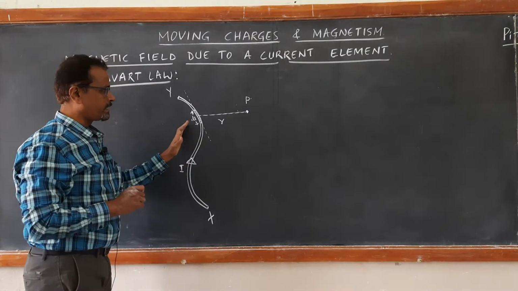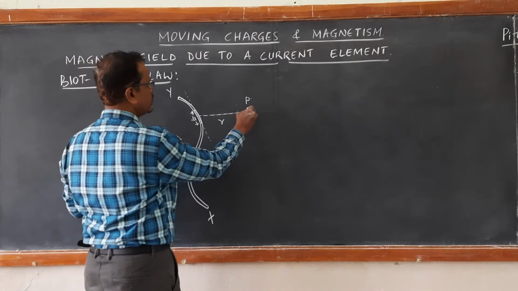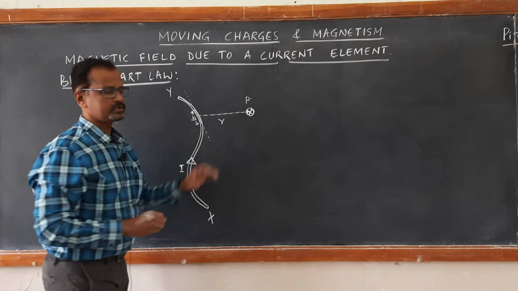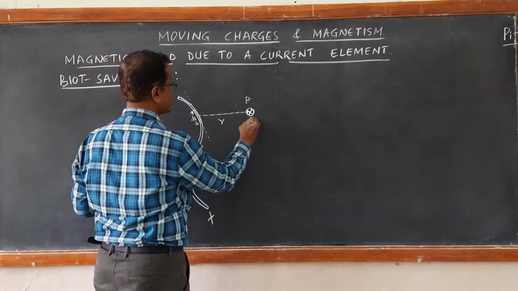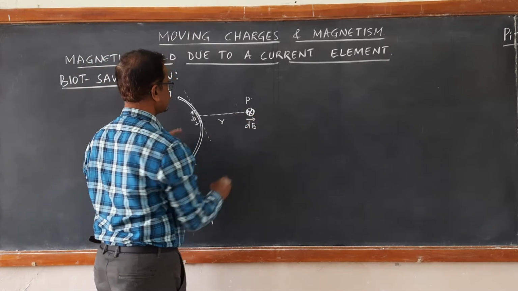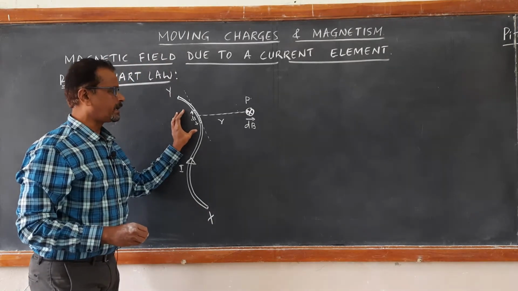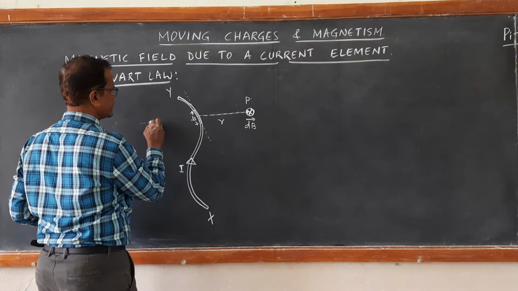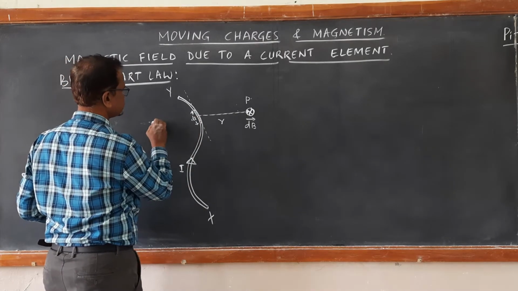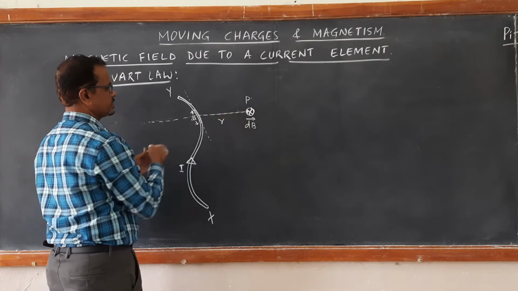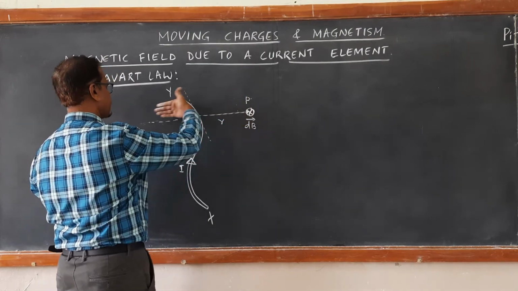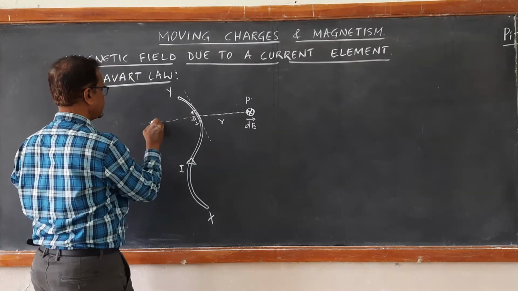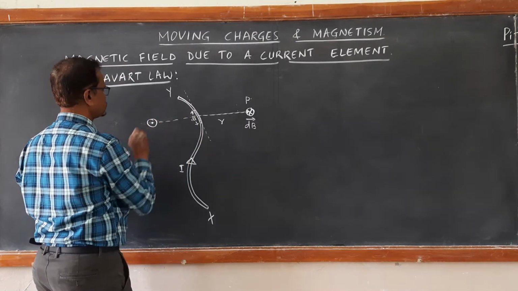Then the amount of magnetic field. At this point the cross mark shows the direction of magnetic field. If dB represents the small magnetic field due to this current element, dB is pointing vertically inwards. At the same distance on the other side, the fingers are emerging out, so there you get a dot.